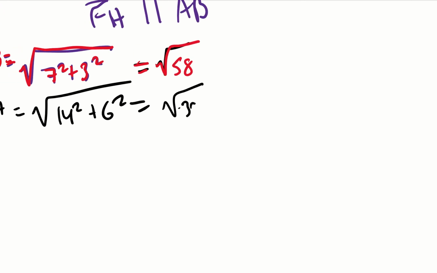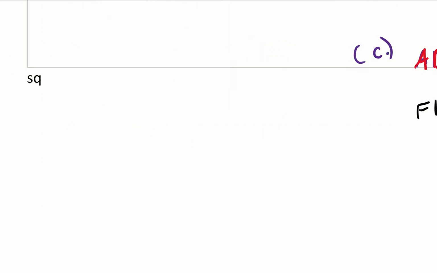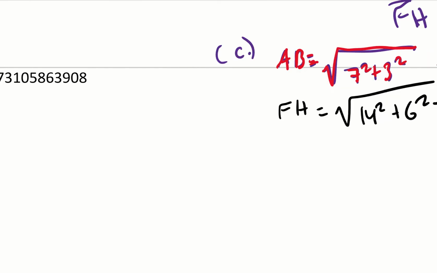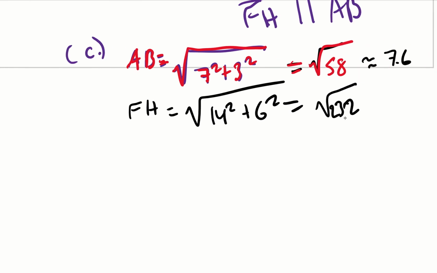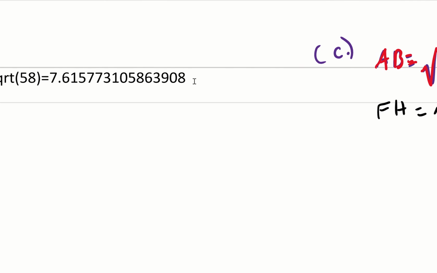All right, now we want to show that this is exactly half of that, okay? Is that true? Well, if you did the square root of 58 on the calculator, we'll do it here. We'll get 7.62-ish. And we'll now next do the square root of 232.